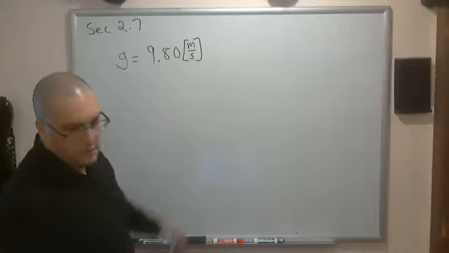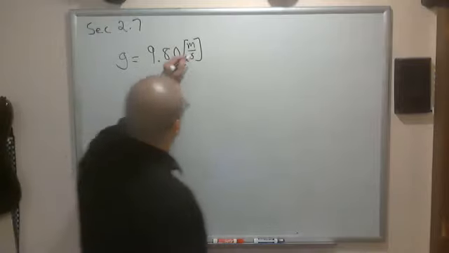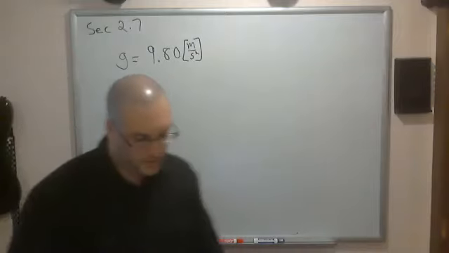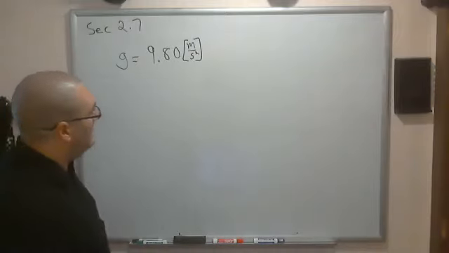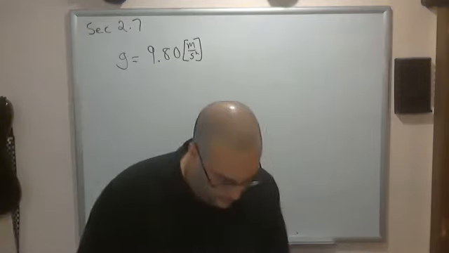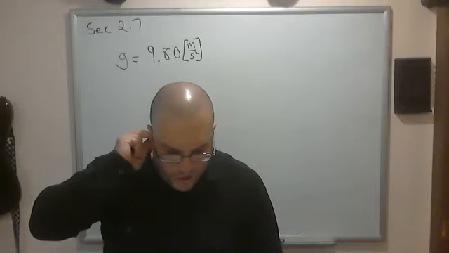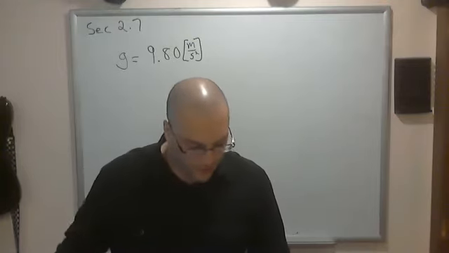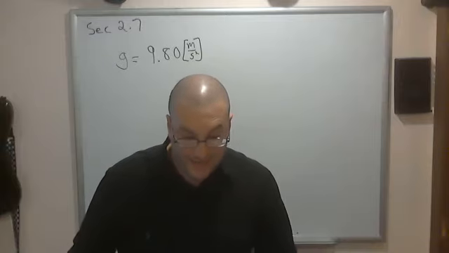Isn't it meters per second squared? Yes, thank you. No problem. Meters per second squared. Is it 9.8 or 9.81? In the book, they use 9.8. Usually, you use 9.81. I use 9.81 elsewhere, but in the book, they use 9.80.